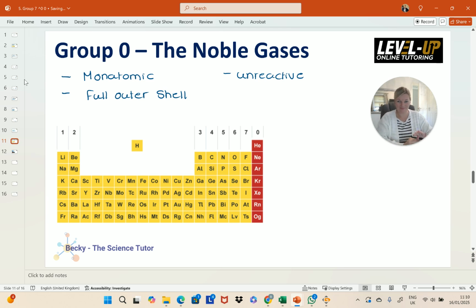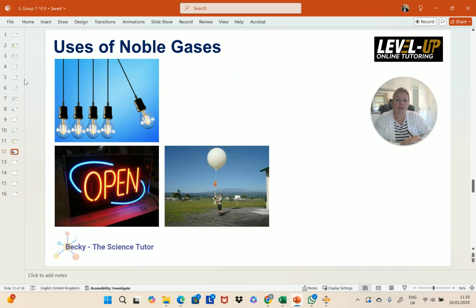Okay, so there's not much to know about the noble gases because they don't do very much. But although they're not very reactive, they do have some uses, and we're going to have a quick look at some of those uses so that we can apply that to the exam questions. So if you think about it, you probably do know some uses, but just might not have thought what is involved with them.